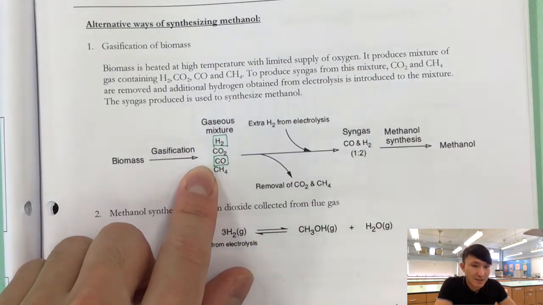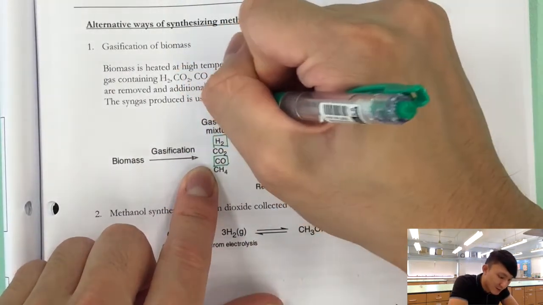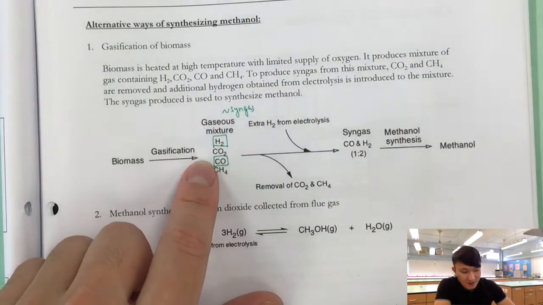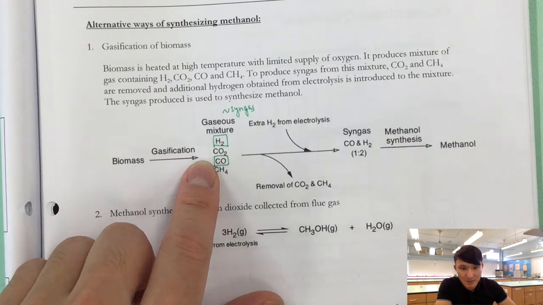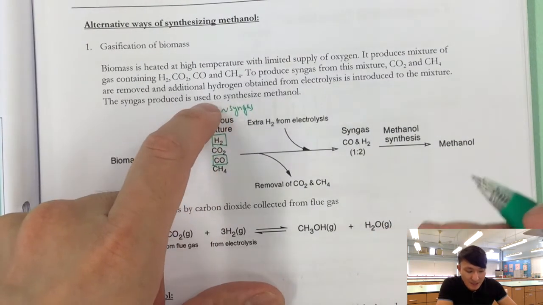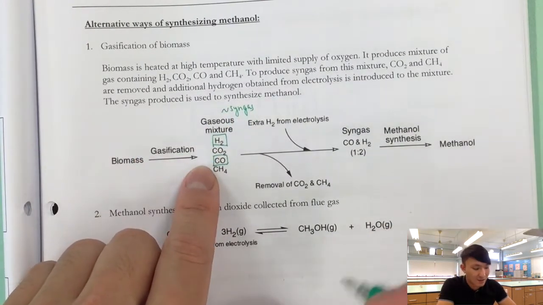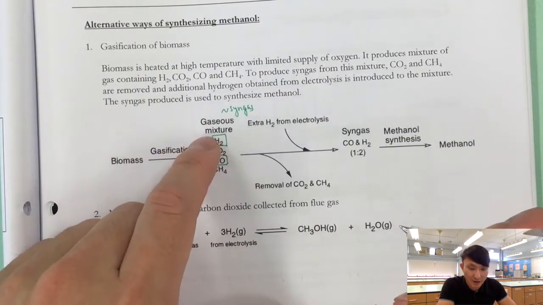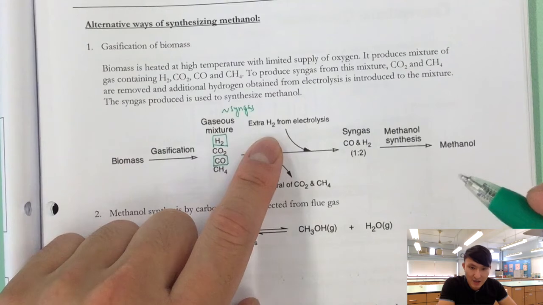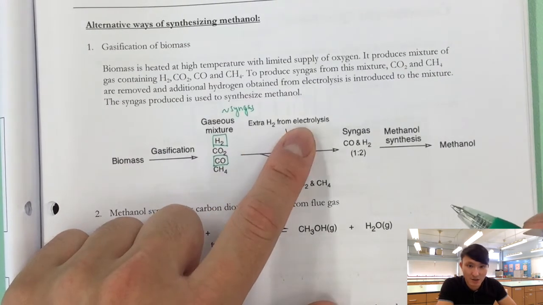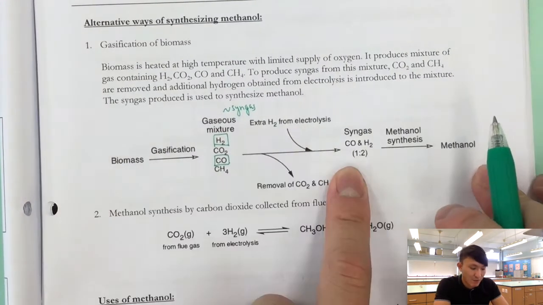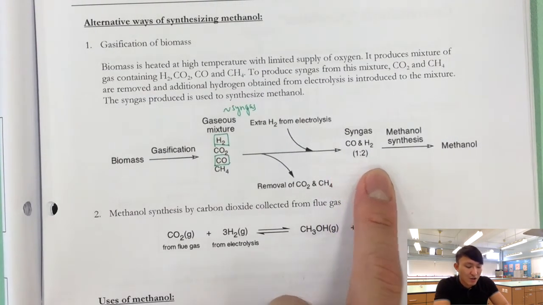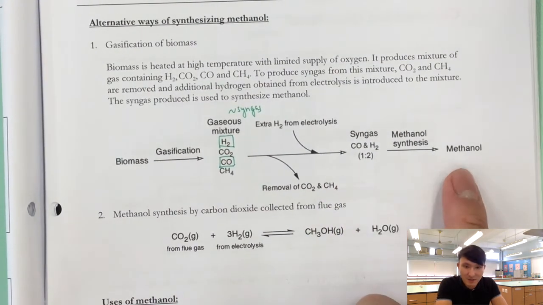It is similar to syngas. But of course, the hydrogen content may not be as much as what we need in syngas, because remember syngas has the ratio 1 to 3, or at least 1 to 2. So we need extra hydrogen. We can get it from electrolysis of seawater, and we will have syngas in a ratio of 1 to 2, which is able to be used in methanol synthesis.